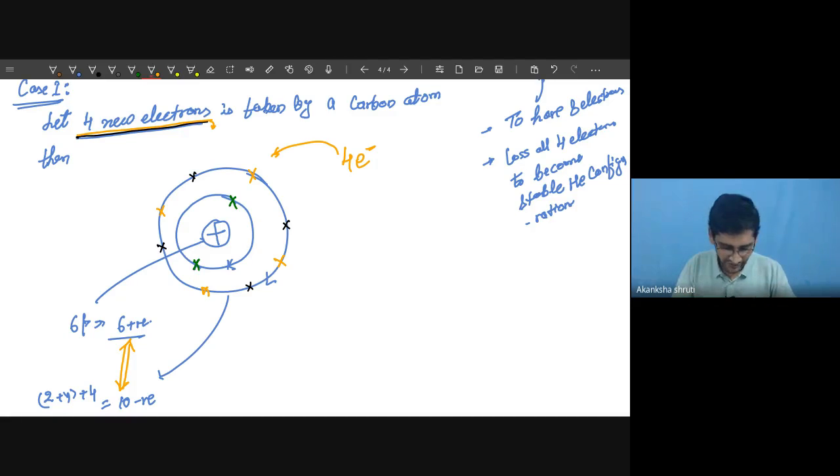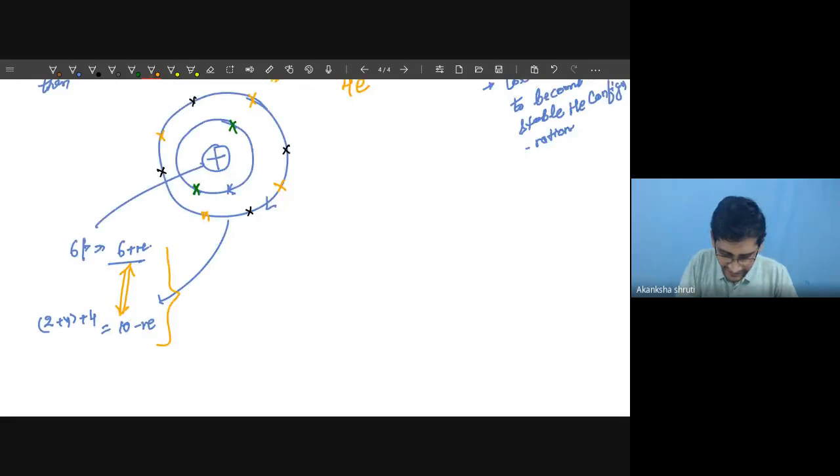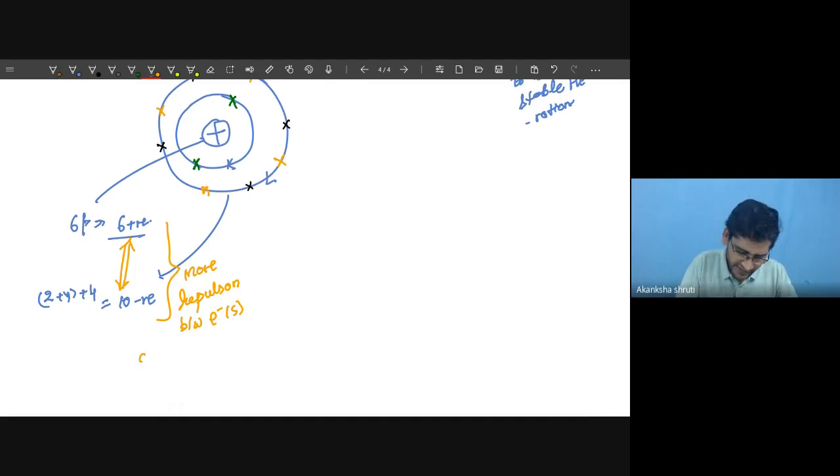That is important. So because of this, it is unbalanced. Unbalanced or more repulsion, here we can write like this: more repulsion between electrons because of the extra electrons and a lesser number of protons.